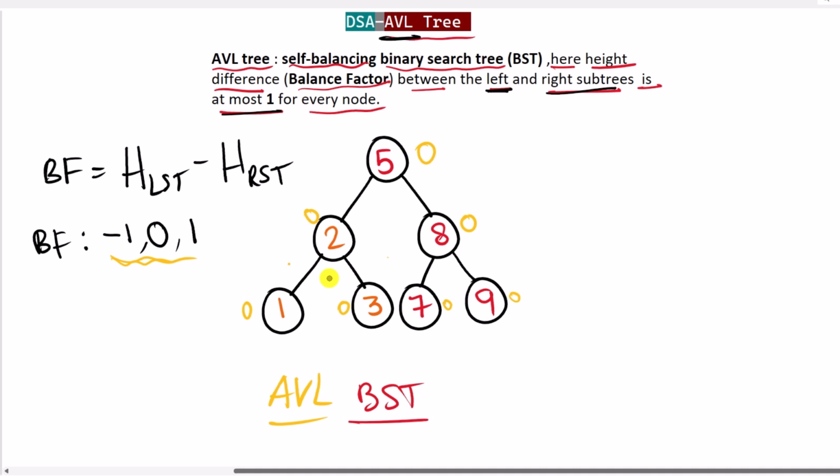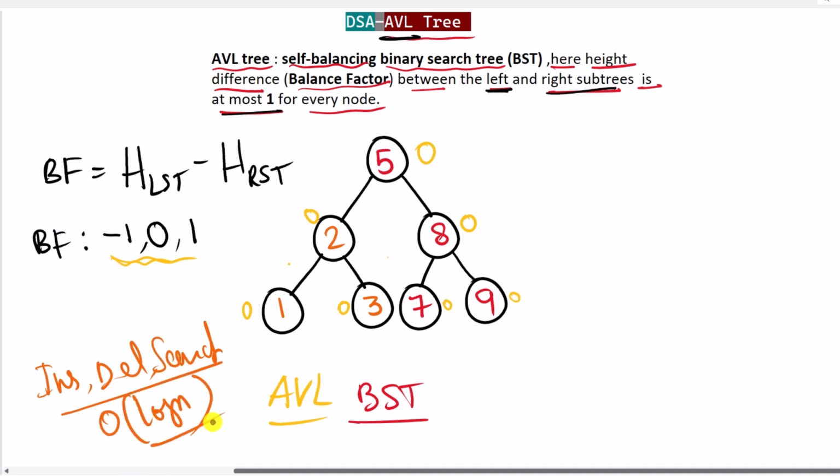Now there are certain advantages of using a balanced tree. If we perform the insertion, deletion or search operation, these operations will be much more efficient. They will have order of log n complexity because the tree is balanced.